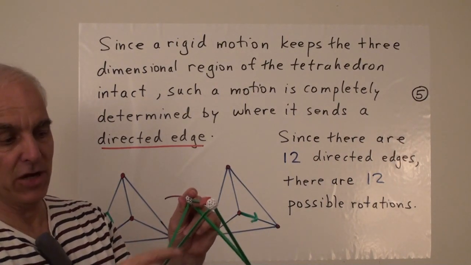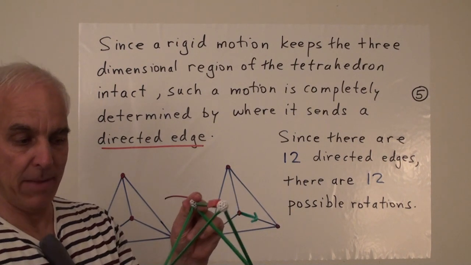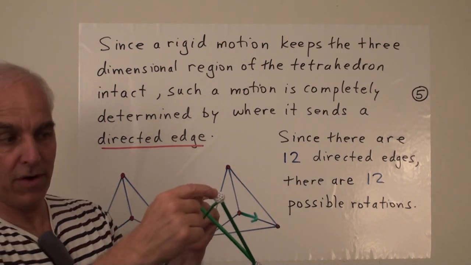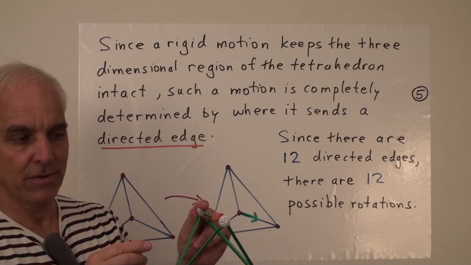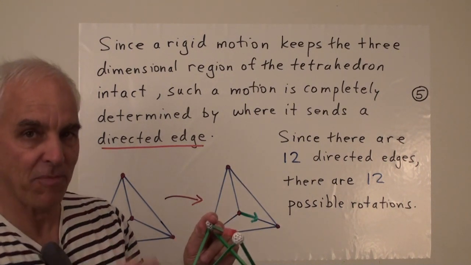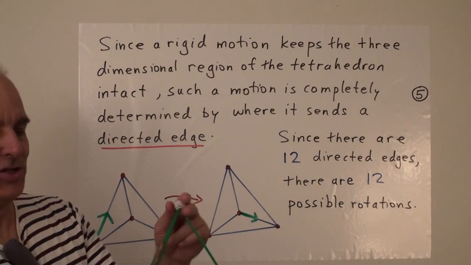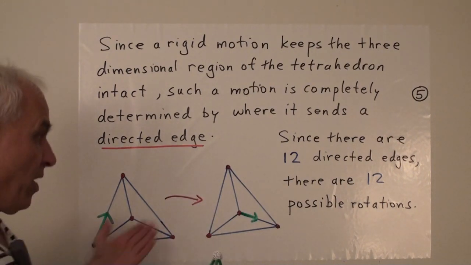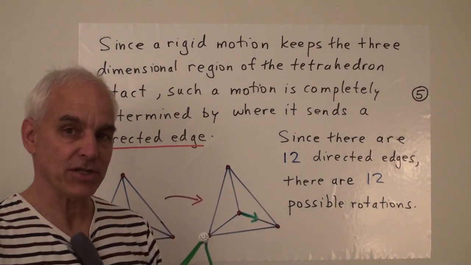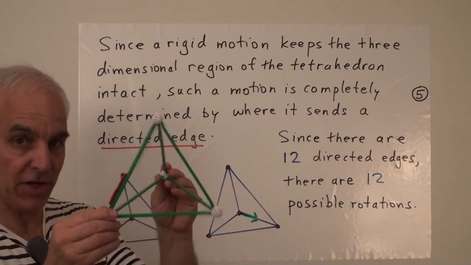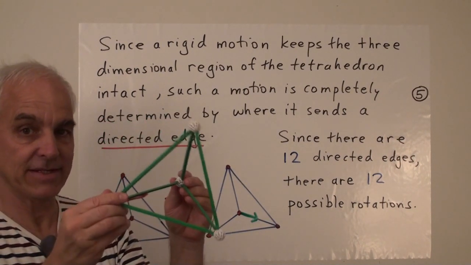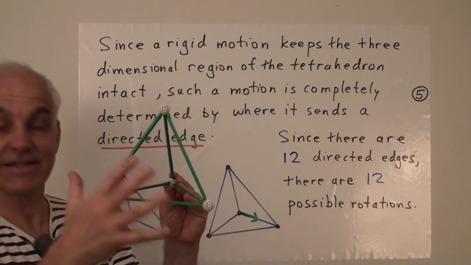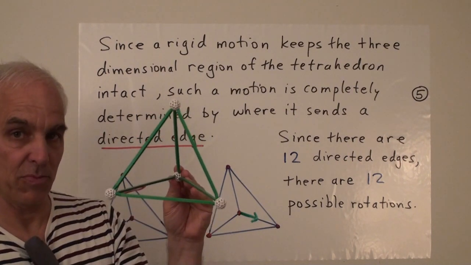If we took that edge there, we could put a directed edge emanating from that vertex or from that vertex. So there are altogether 6 times 2 or 12 possible directed edges, and so there are 12 possible rotations that take the tetrahedron, move it around, and put it back somewhere in a way that the same volume is being occupied.